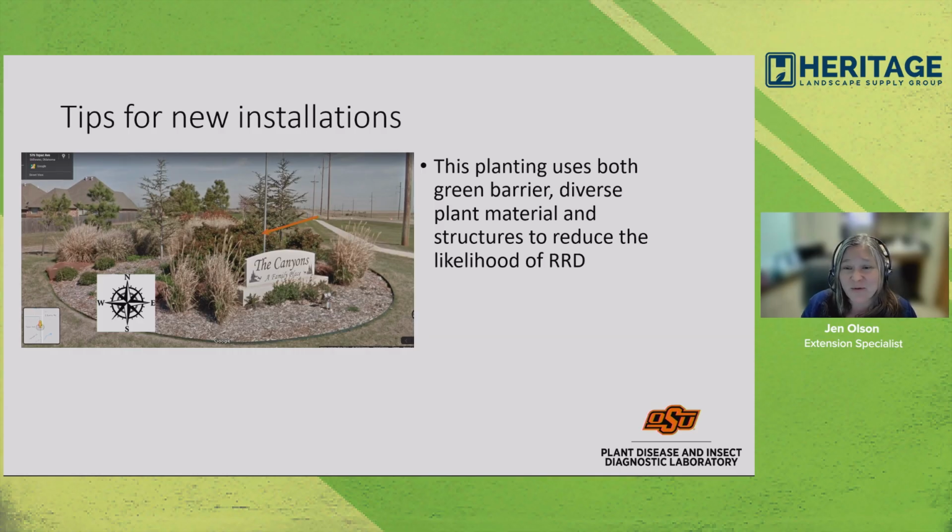And this landscaper used a combination of green barriers as well as structure, that sign for the development, to help keep the mites from landing on the roses. And this planting was only a quarter mile from heavily infected plants. And it lasted at least 7 or 8 years before I saw the first symptoms of rose rosette in the neighborhood areas where I live, Stillwater, Oklahoma, that has a very heavy rose rosette problem.